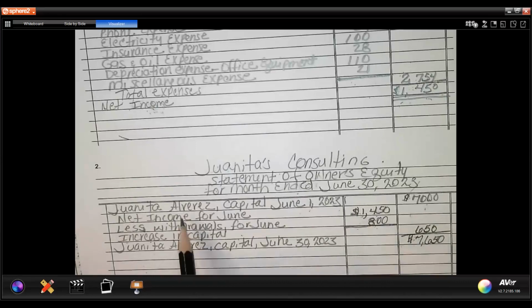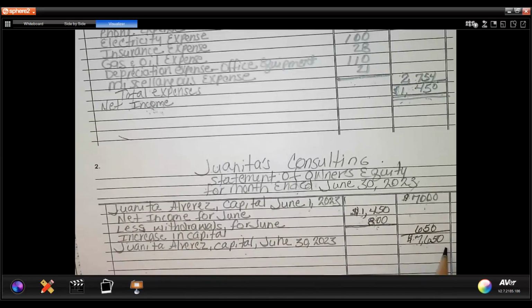We actually had to pull any withdrawals she had. We pulled this information from the adjusted trial balance. And then of course, now we can calculate what her actual capital balance was at the end of June. In this case, we can see her actual capital balance is $7,650 at the end of June.